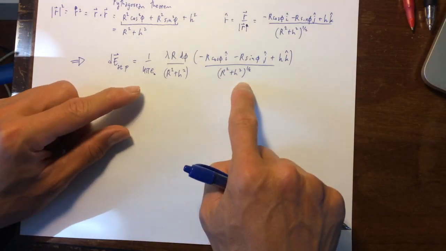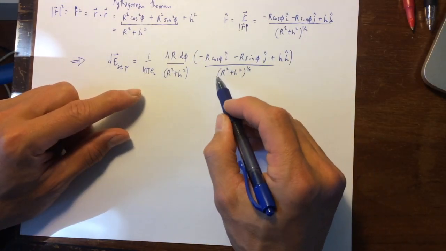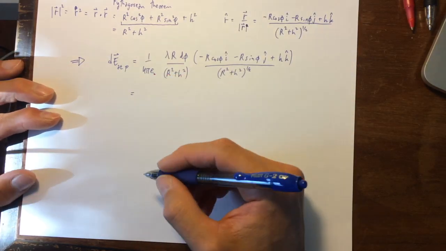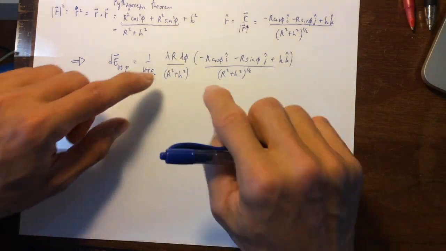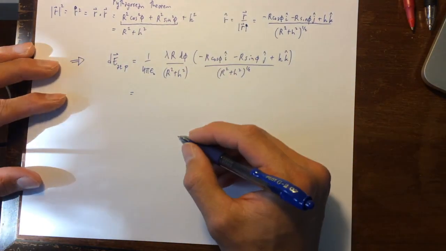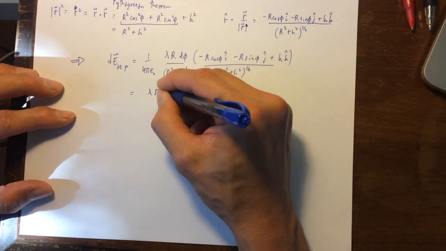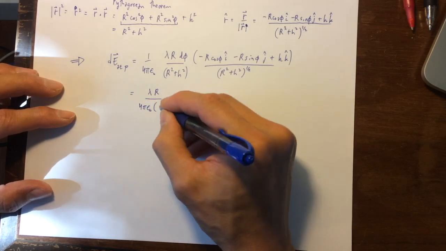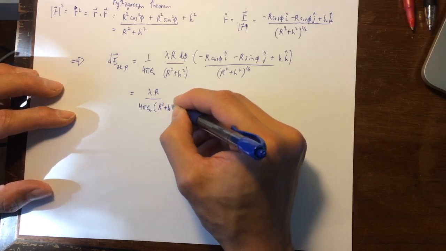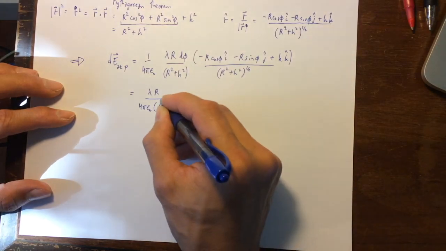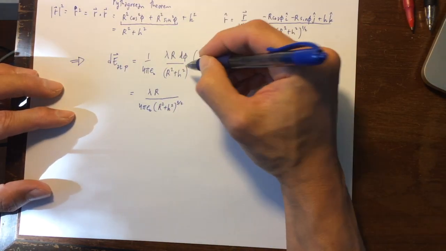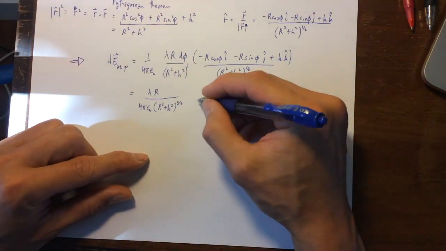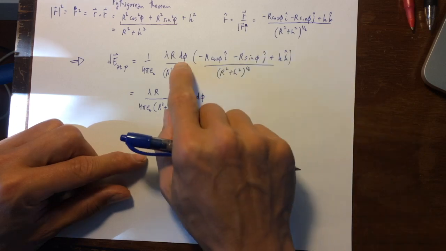There's a little bit of simplification we can do. We can take this thing and this thing, which look really similar, and put them together. So I'll go ahead and do that, but I'm also going to make some small changes. So there is lambda r over 4 pi epsilon 0 times r squared plus h squared raised to the 3/2 power. I've got a power of 1 and a power of 1/2, and 1 plus a half is 3/2. And then I've got d phi. That's a factor.